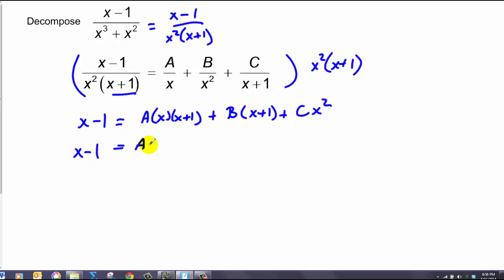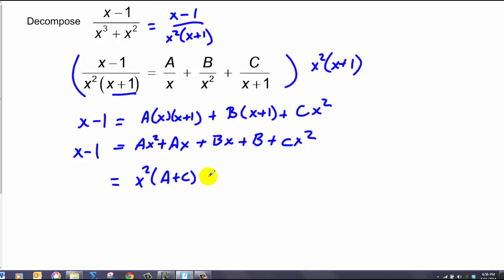We get ax squared plus ax followed by bx plus b followed by cx squared. Going to group everything. You'll notice I have x squared terms of a and c, x terms of a plus b, and a constant term of b.